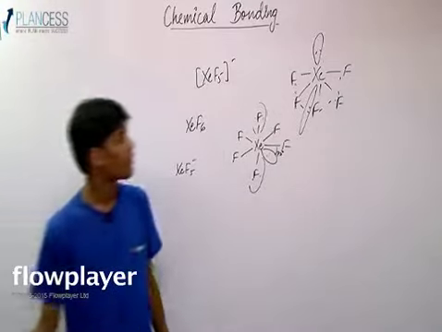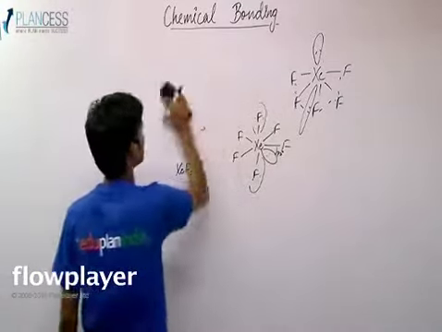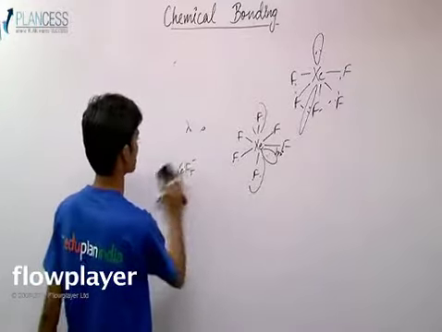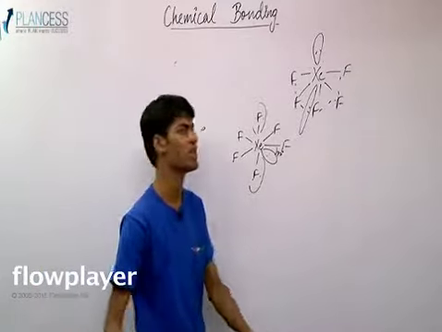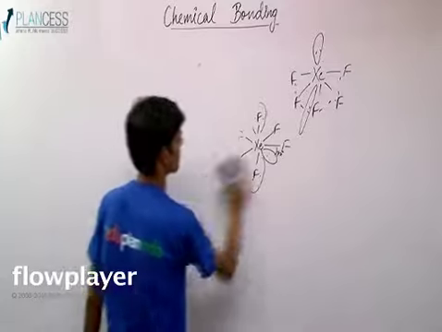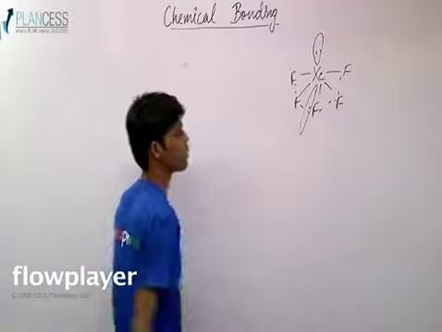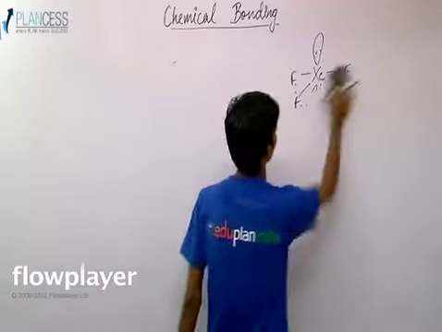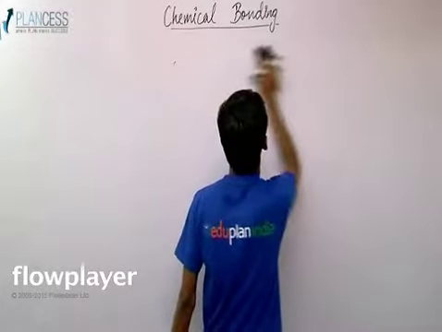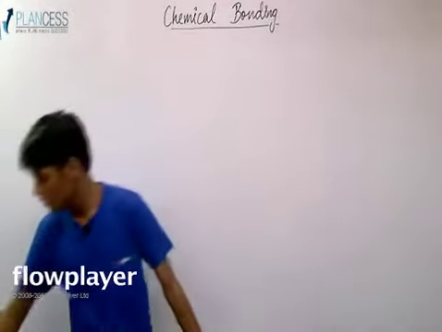Again, one thing about ICl3: it does not exist as such. ICl3 exists only in the dimer state, where it accepts electrons from a chlorine of the other unit, connected to another iodine through a coordinate or dative bond.